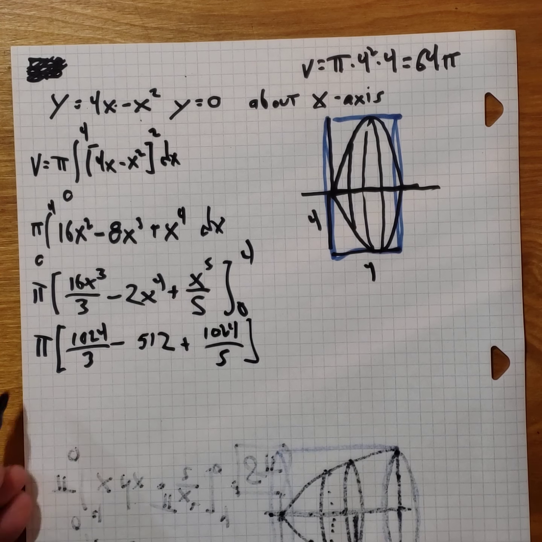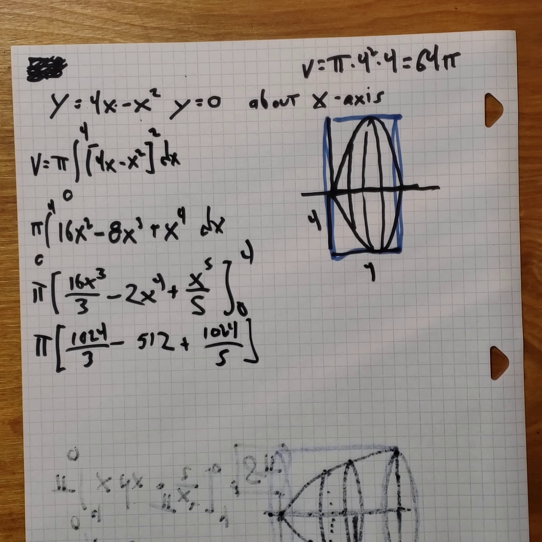So whatever that is, I'm cheating here. 1024 divided by 3 minus 512 plus 1024 divided by 5.